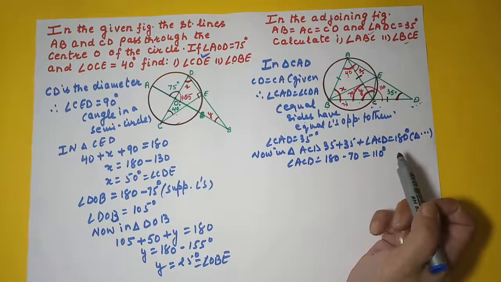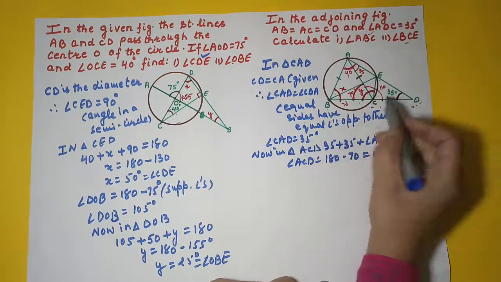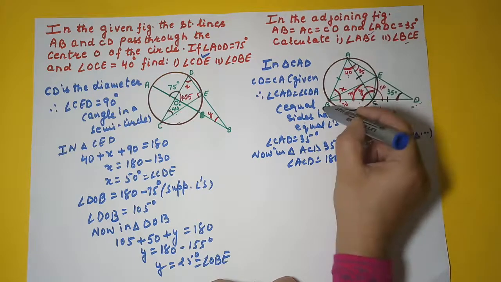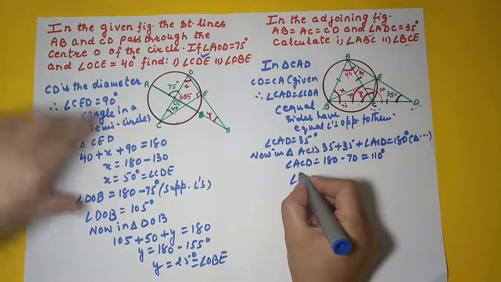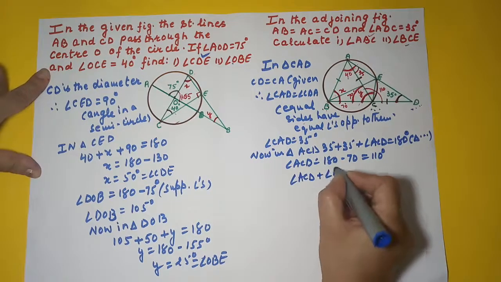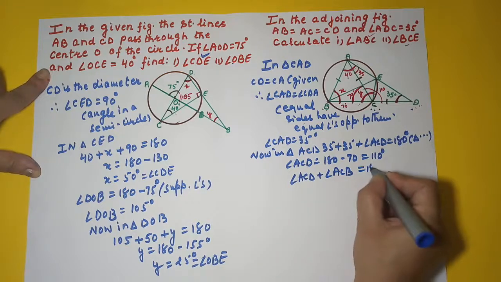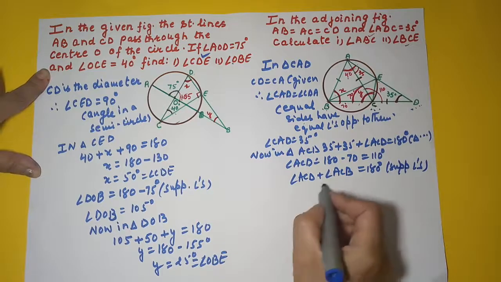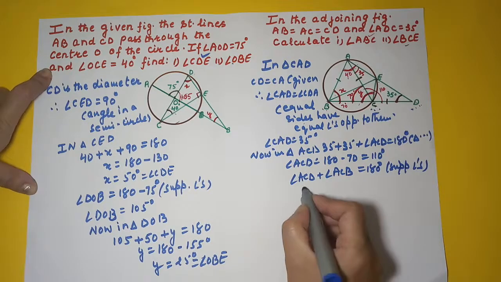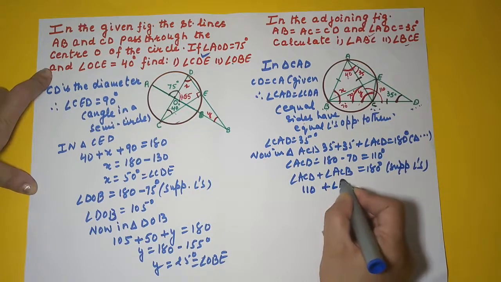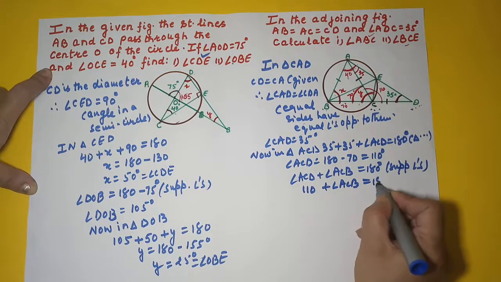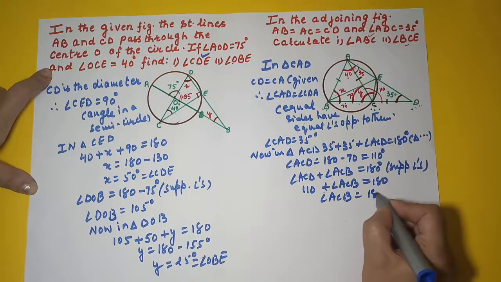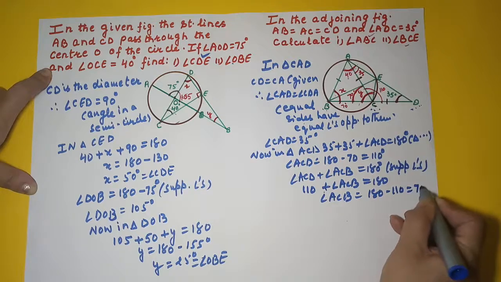You got angle ACD as 110, but angle ACD plus angle ACB is equal to 180. Why? Because they are supplementary angles. So ACD you have found 110 plus angle ACB equal to 180. So you will get the value of angle ACB equal to 180 minus 110, which is 70.